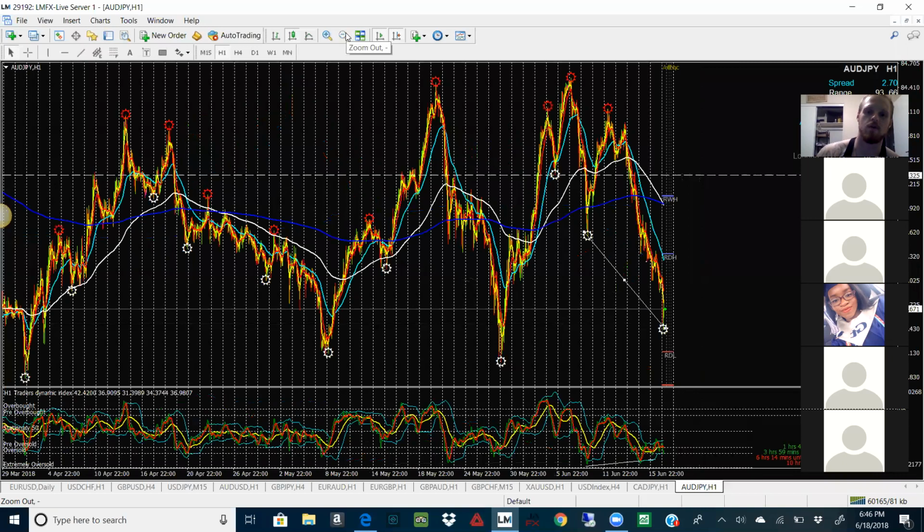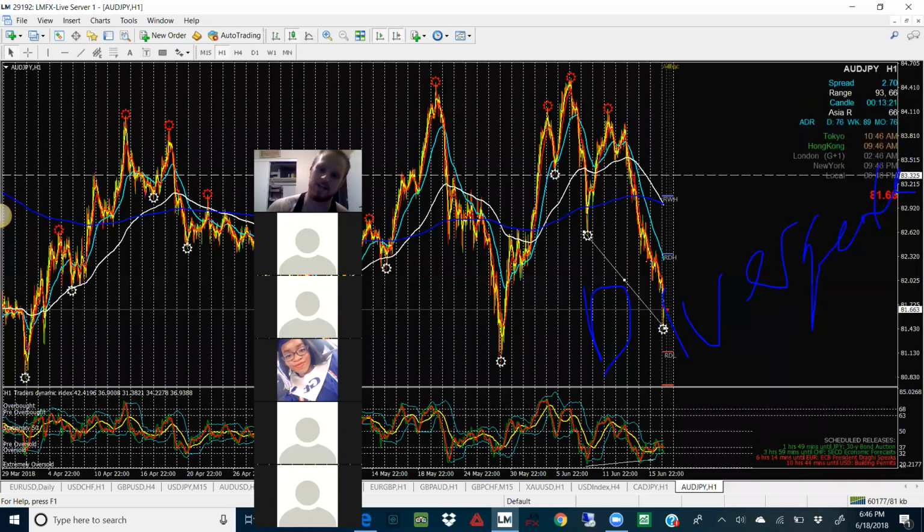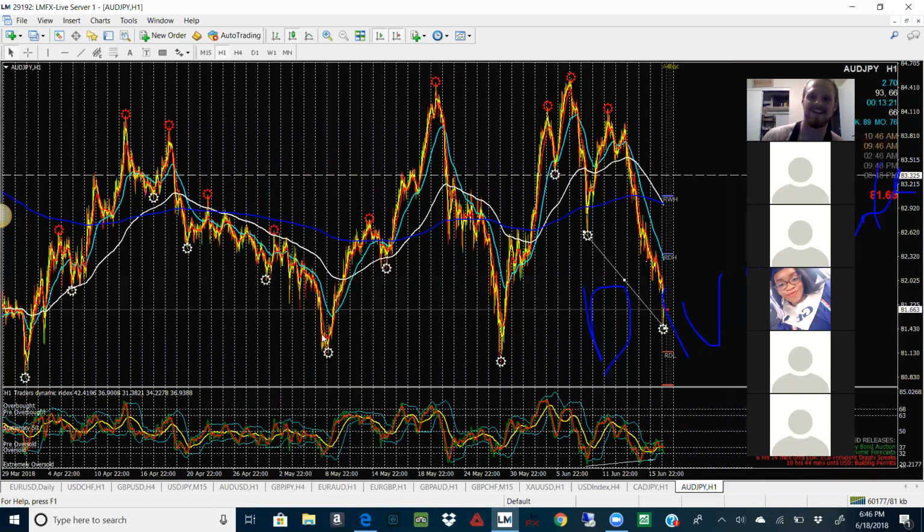I do see it as an overall sell, but it is hitting a point that is very susceptible to shooting up. Divergent. People drawing shit on my keyboard? I'm just kidding. All right. But yeah, I would look for that.